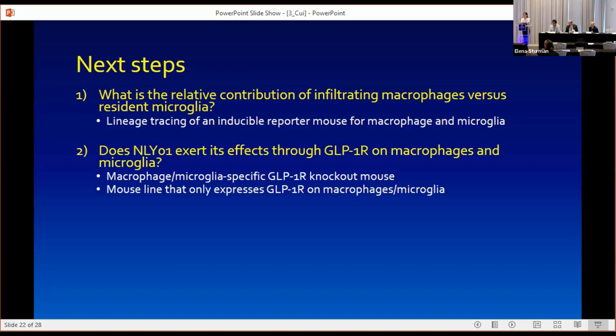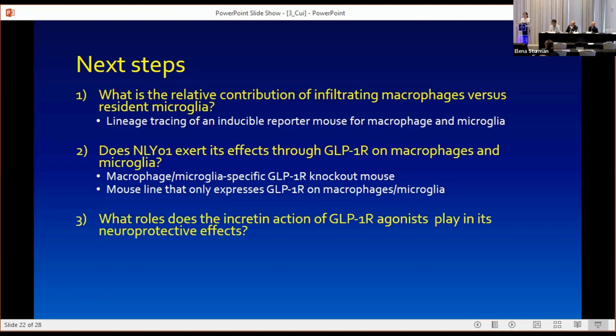Well, we made 2 different kinds of mouse, the macrophage microglia specific GLP-1 receptor knockout, and a mouse line that only expresses GLP-1 receptor on macrophage microglia. And with both of these animal lines, we're able to see is receptor expression on macrophage and microglia necessary and sufficient for the neuroprotective effect we observed.